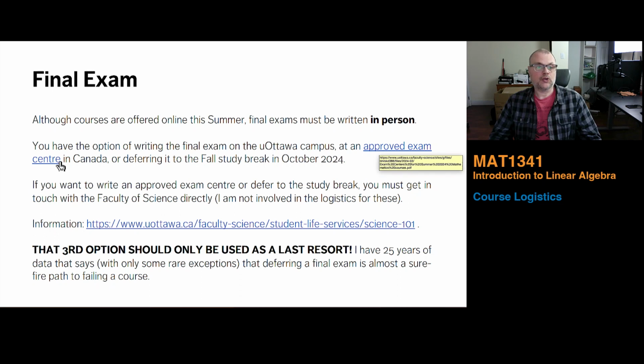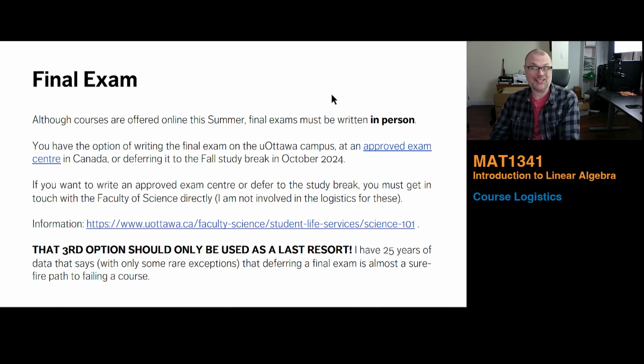And so you can go and try to find an exam center close to where you will be in Canada. If you're not going to be in the country, you don't have access to an approved exam center, you can't be in Ottawa on July 26th, your only other option will be to defer it to the fall study break in October. If you were sick the day of the exam, you'd do the same thing.